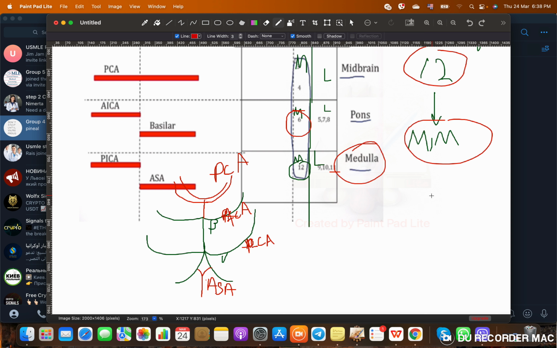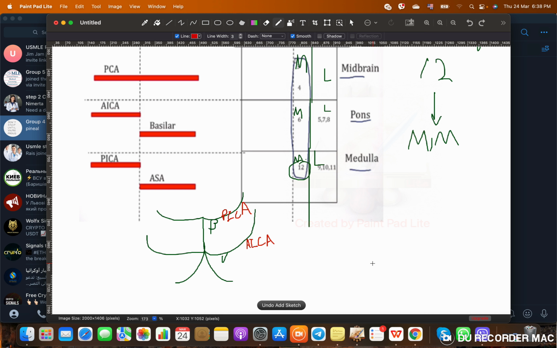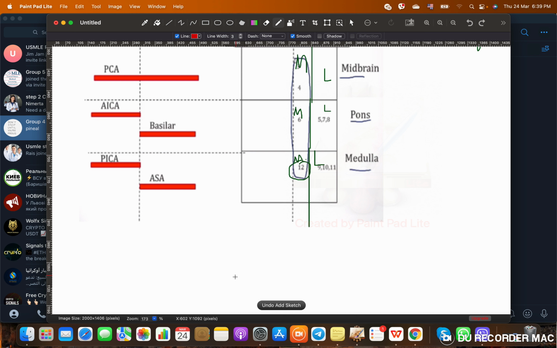Just want to add a few more things. In general, I'm not saying that this is always true, but in general, in the brainstem, okay, just a moment. Let's say that this is the brainstem. If this portion is the medial portion of the brainstem, this is the lateral portion.